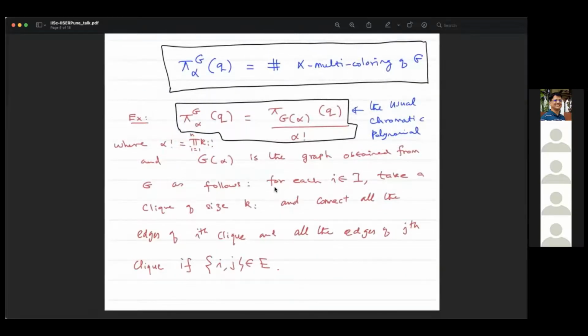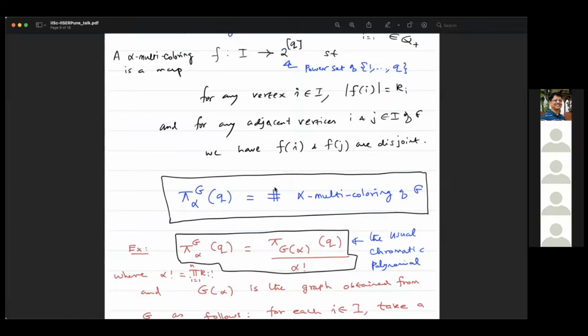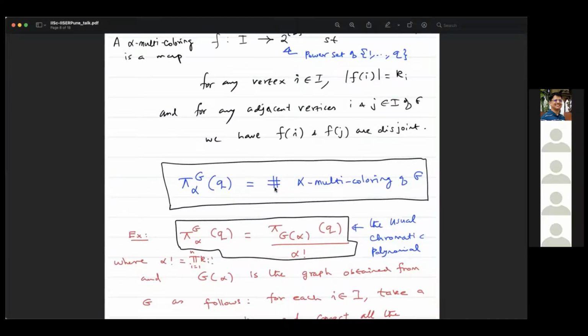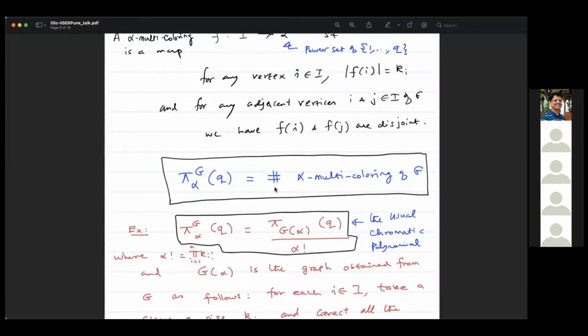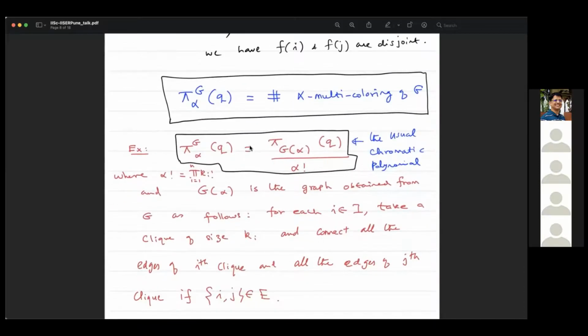Now you can ask, by doing this alpha-multicoloring, are you getting anything new? Of course not. The alpha-multicoloring is connected with the usual chromatic polynomial, the usual vertex coloring, and the connection is given in this exercise. If you start with alpha, you can construct something called G of alpha.